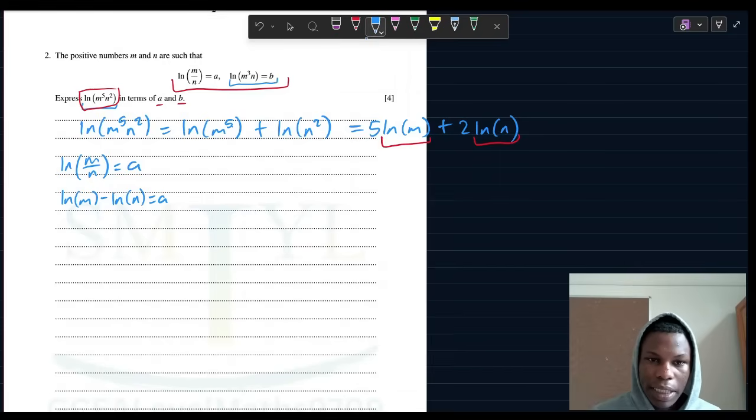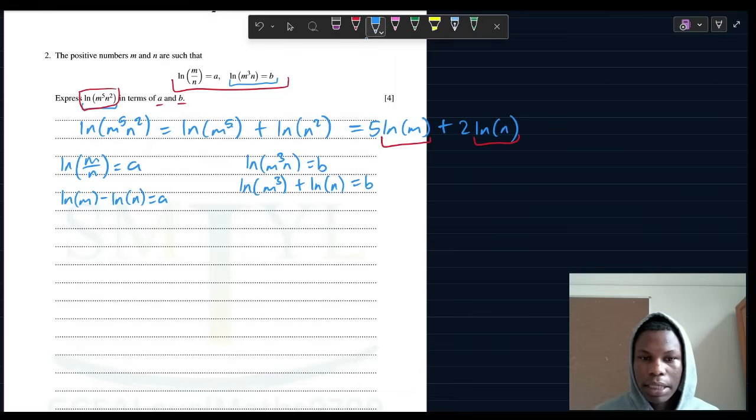That can be written as ln(m³n) is equal to b. Using laws of logarithms, that's going to be ln m³ plus ln n, and that's equal to b. And here we can drop the power: 3 ln m plus ln n is equal to b.